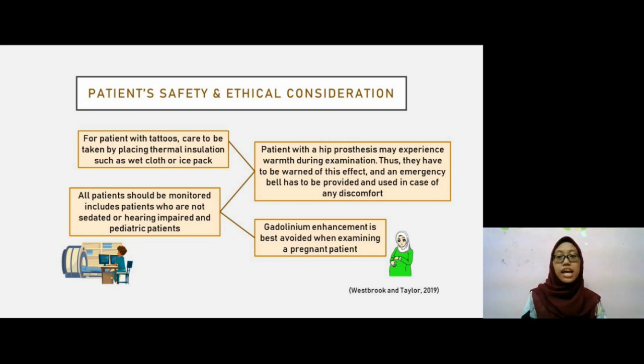Thus, they have to be warned of this effect, and an emergency bell has to be provided and used in case of any discomfort. All patients should be monitored, including patients who are sedated or hearing impaired and pediatric patients. And gadolinium enhancement is best avoided when examining a pregnant patient.